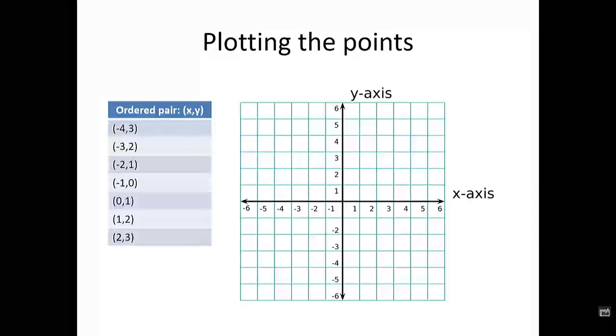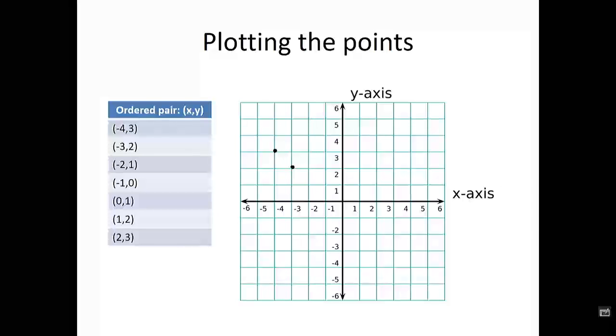The first point or ordered pair is -4, 3. X is -4, y is 3. The next ordered pair is -3, 2.